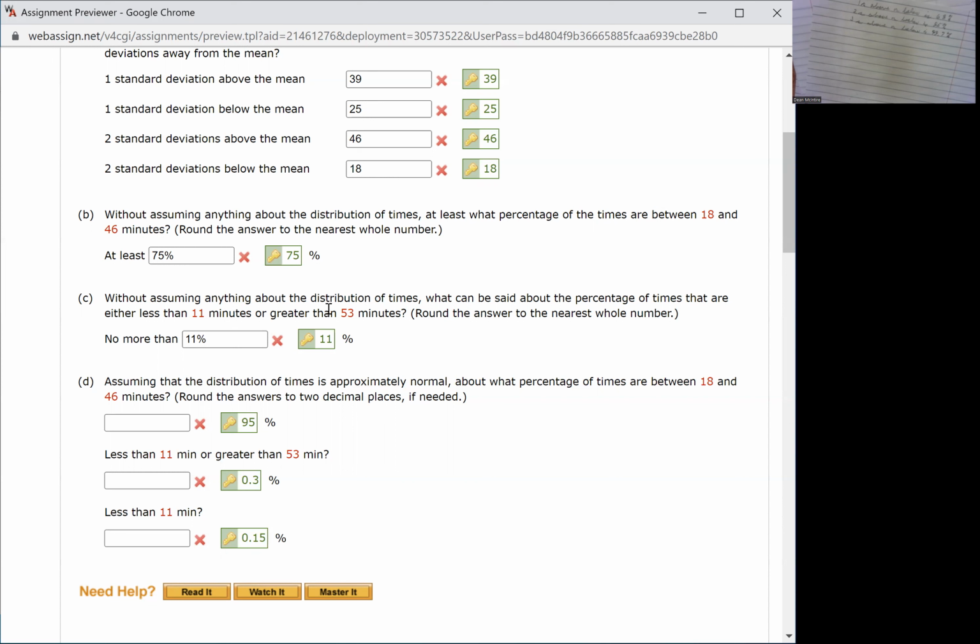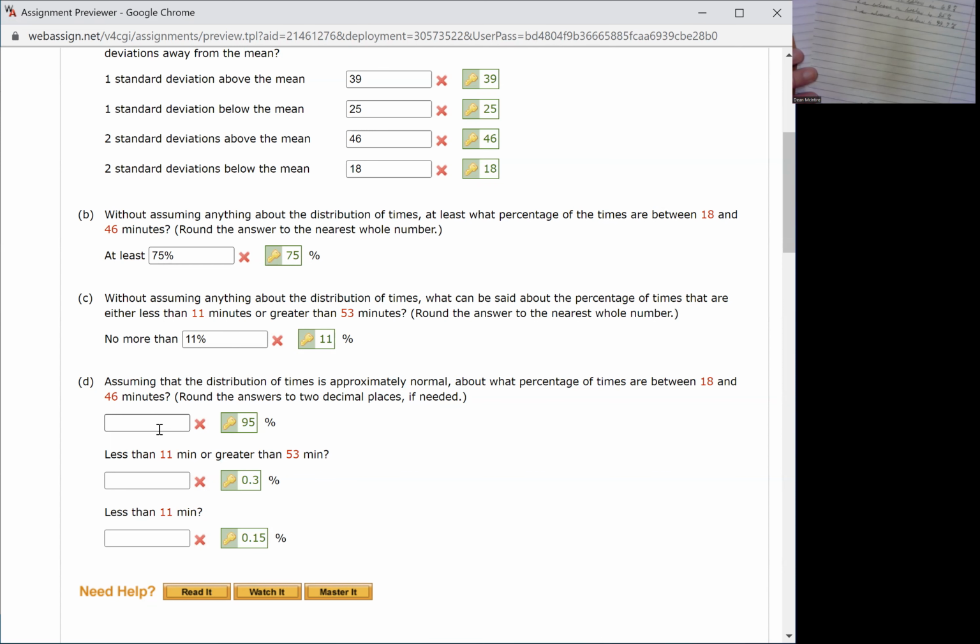Now, so what we need to do in each one of these is determine how many standard deviations above and below. But we're using now the empirical rule, which tells us what we have above or below the mean. Mean is 32, remember?